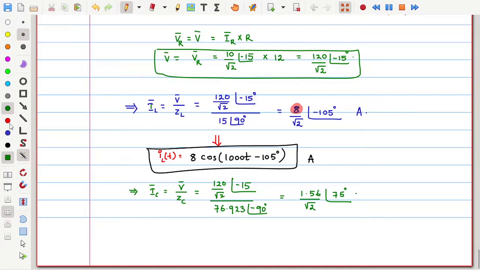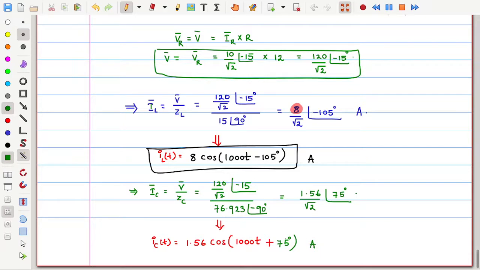Now can I write IC in time domain from this? IC of t is equal to peak magnitude 1.56. What is the function, cos or sine? Cos function. How much is the omega? 1000t. So plus how much is the angle here? See that angle, so 75 degree.